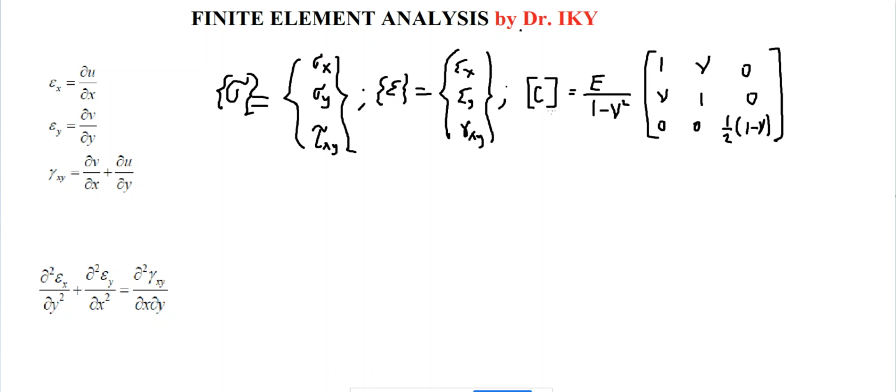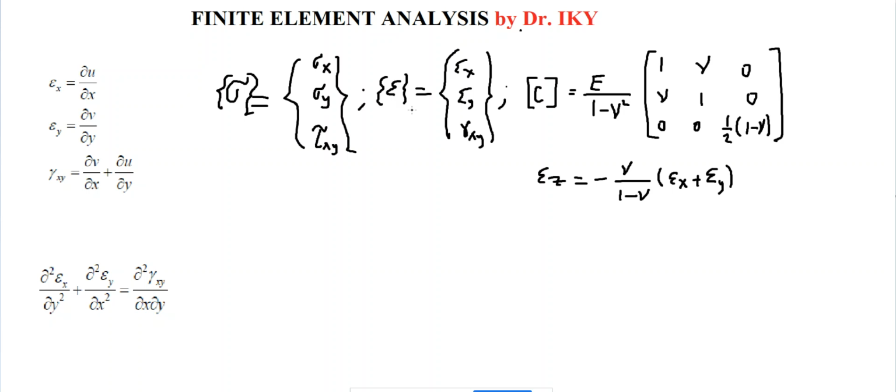And we have again here epsilon z, which is minus mu over (1 minus mu) in parentheses, epsilon x multiplied by epsilon y. And this is called the plane stress model.